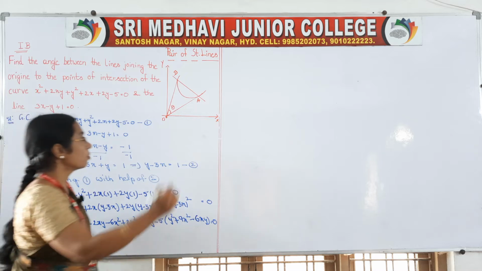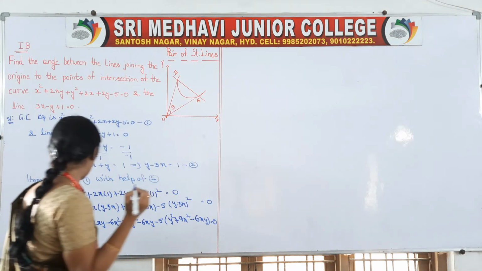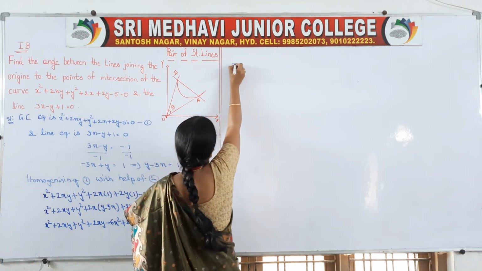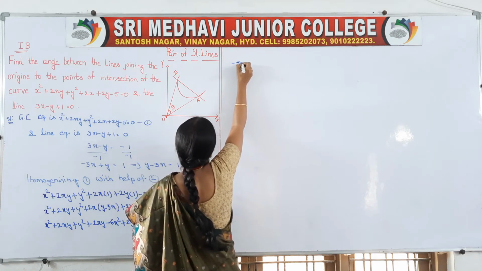Okay, so come on, now write down x square terms: x square minus 6x square, that is minus 5x square.